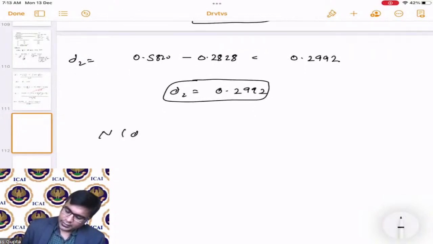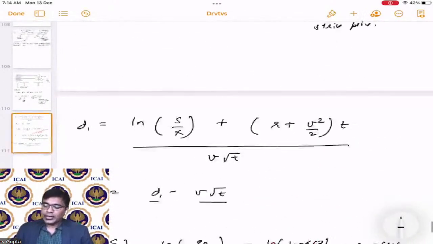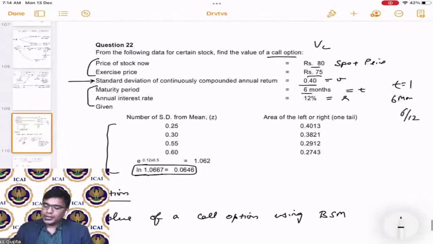ND1 and ND2 and just apply them in the formula to get the result. Now, how to calculate ND1 and ND2? In this question itself, we are given the number of standard deviations from the mean and the area to the left or right, which is one tail.